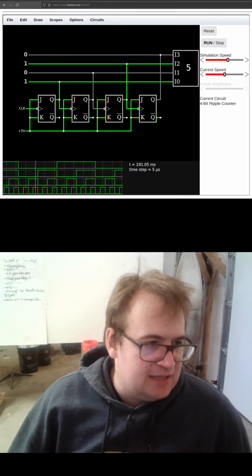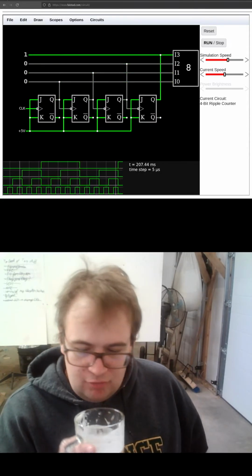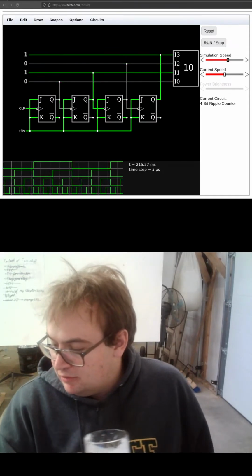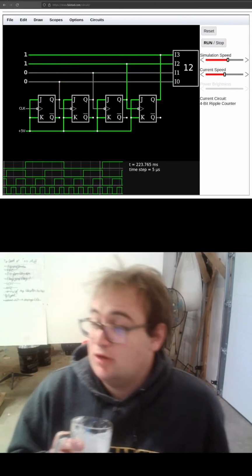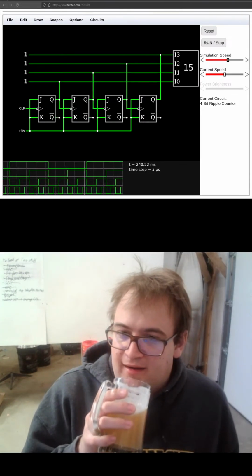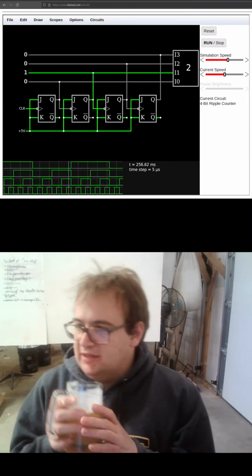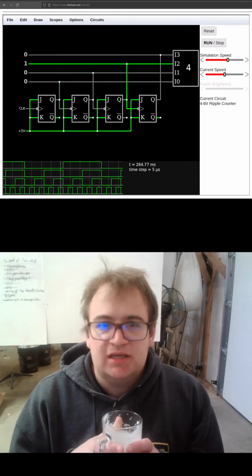Since this is the last circuit I had on my list, but I'm not quite finished my beer from Blackbridge Brewery in Swift Current. I like this one. I am going to do, I think, some more logic circuits.